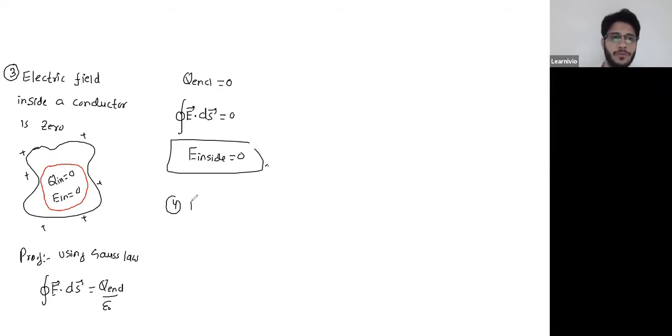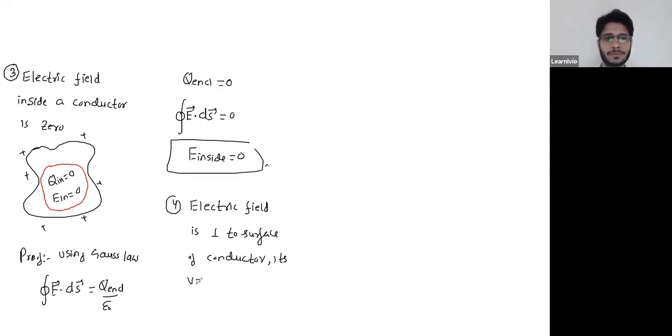Fourth one: electric field is perpendicular to the surface of conductor, and its value is sigma by epsilon.